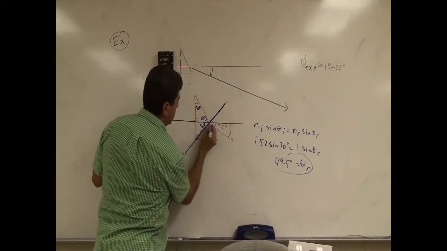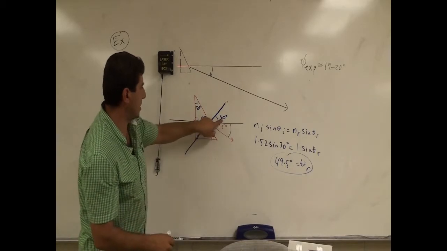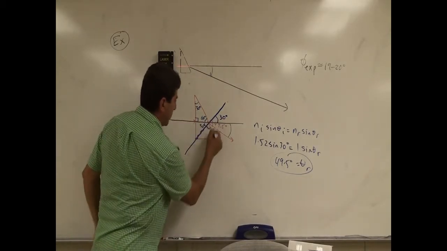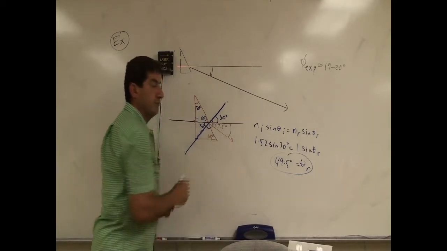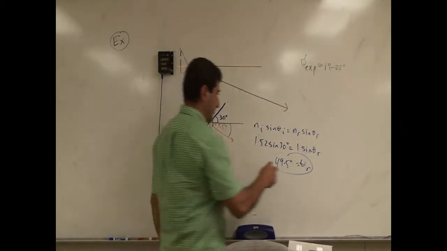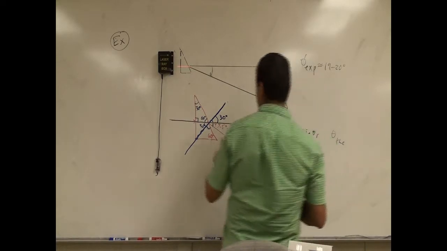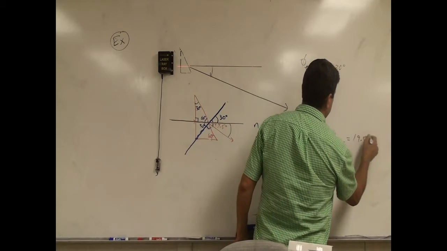If this is 30, this will also be 30. These are alternate interior angles, right? 30 and 30. So if this whole thing is 49.5, 49.5 minus 30 is going to be what? 19.5. So theta theoretical for this angle is going to be 19.5 degrees.